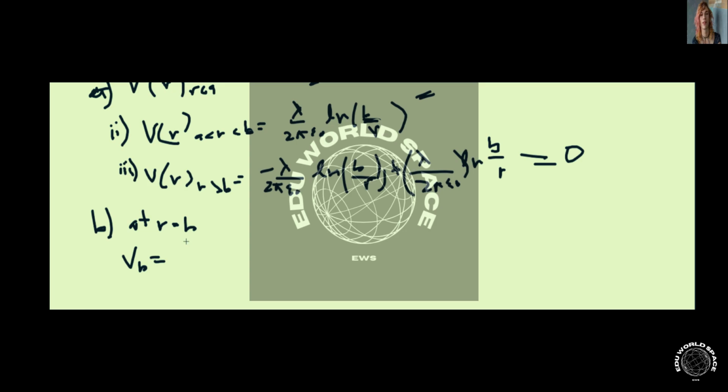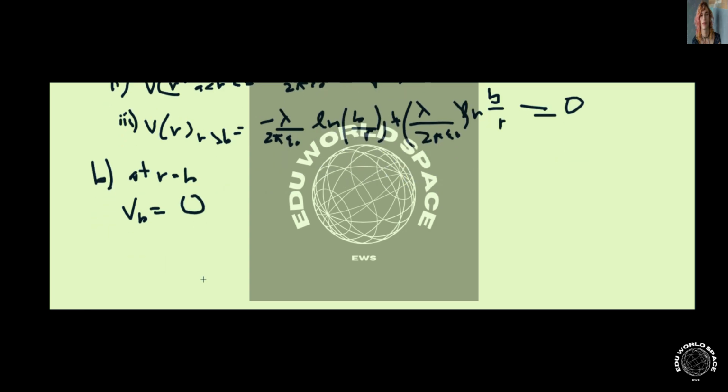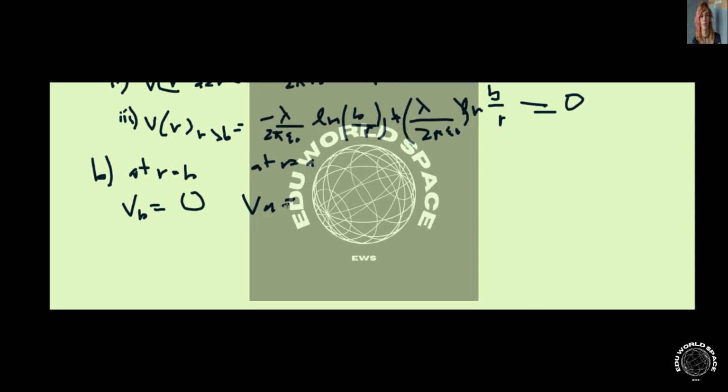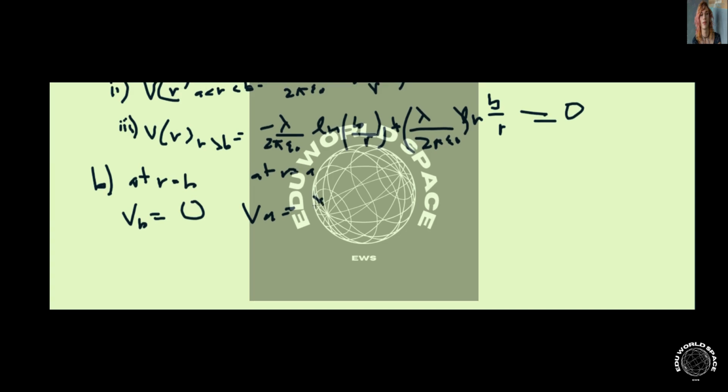And at r equals a, the potential V(a) is lambda over 2 pi times the permittivity times ln b over a.